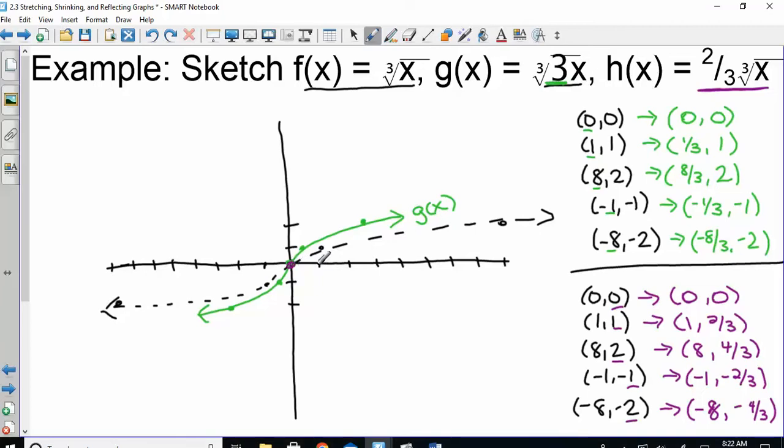So we have 0, 0, over 1 and up 2/3. 8, we're at 4/3, so that's 1.3. Negative 1, negative 2/3. Negative 8, negative 4/3, or negative 1.3.